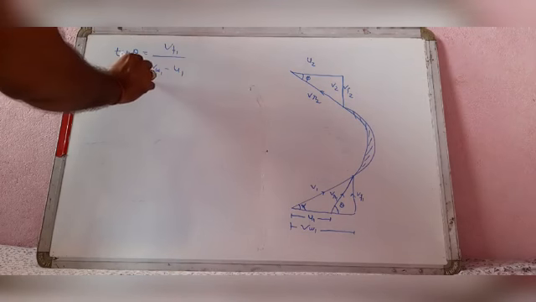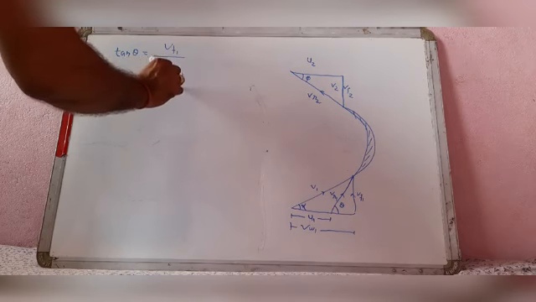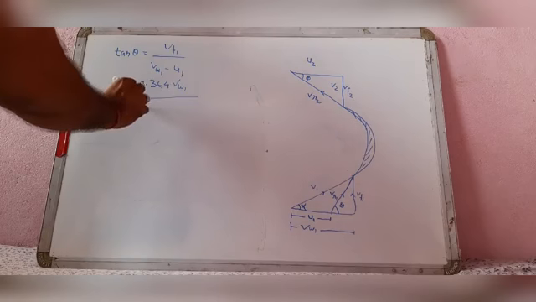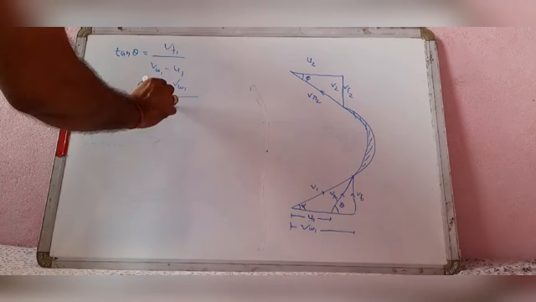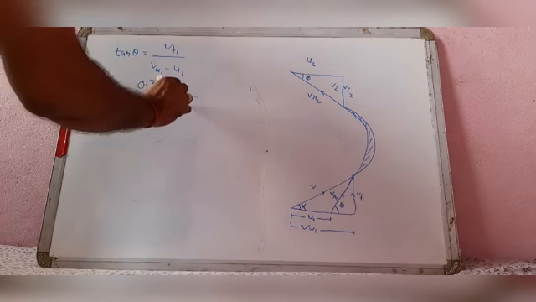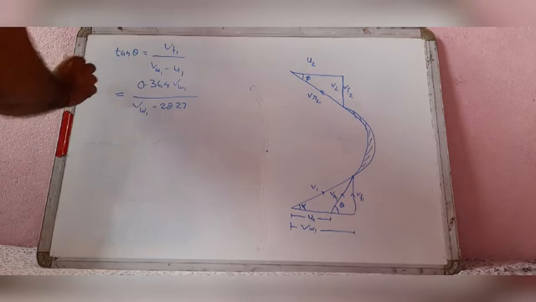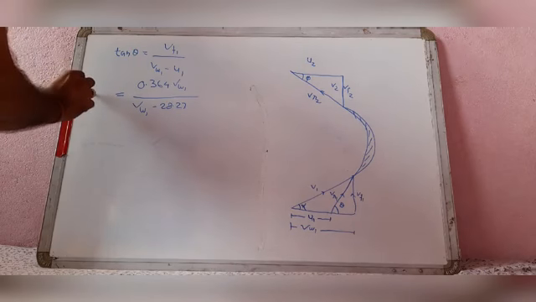This is 0.364 Vw1 by Vw1 minus 28.27, and this tan theta is tan 60.